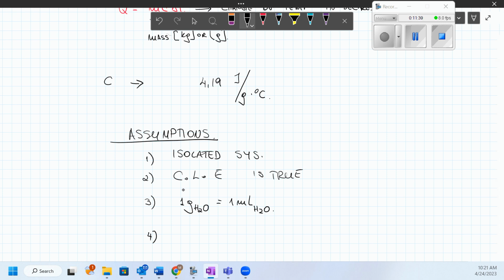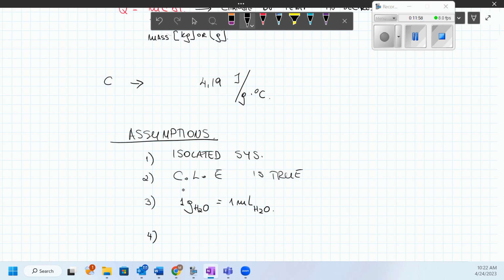The next assumption that we make here is that when we have an aqueous solution, the density of the aqueous solution, when we are treating it from the specific heat capacity point of view, will be the same as water.